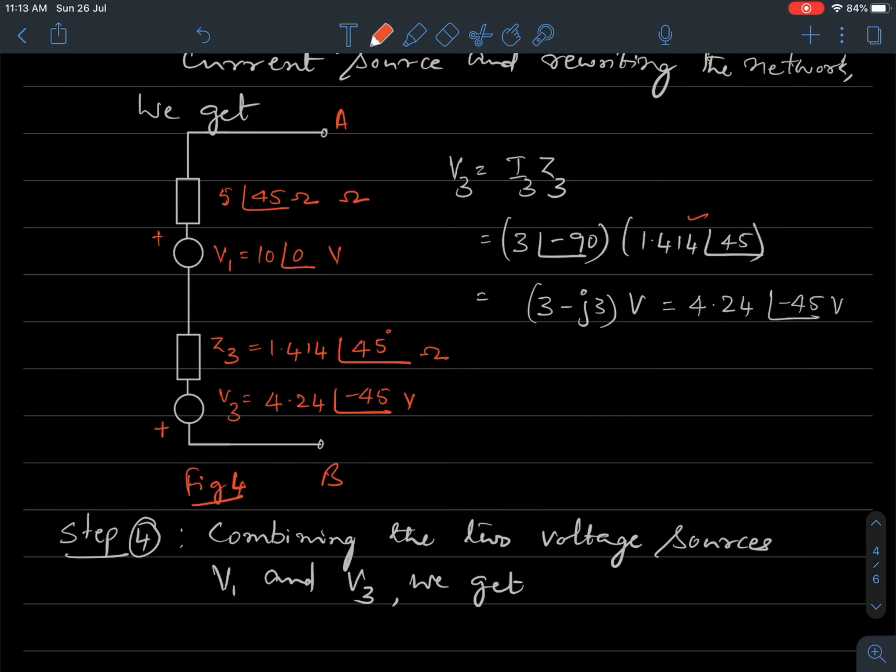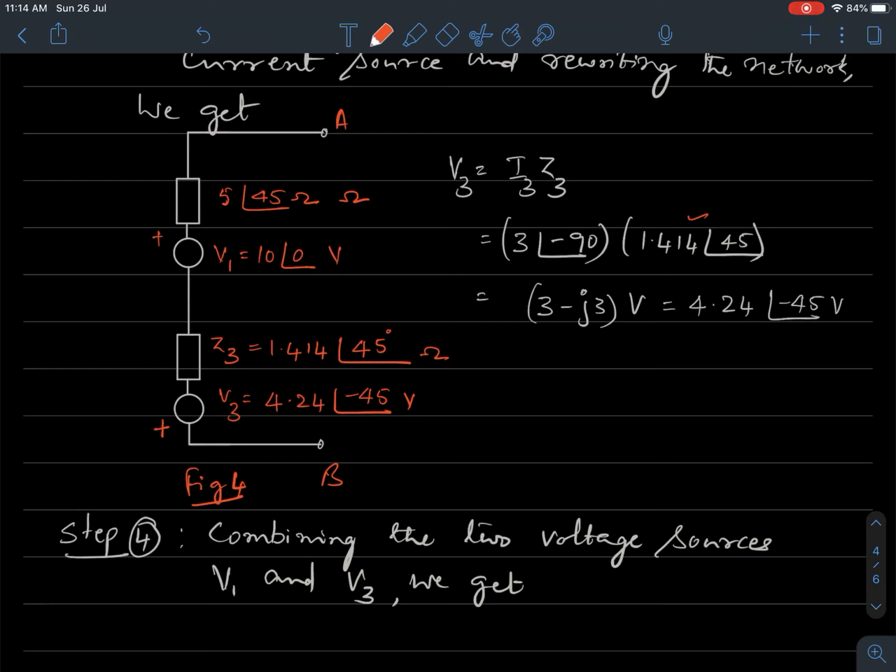So in figure 4, if I start from B and go to A, I will come across positive to negative in V3, which is supposed to be an instantaneous voltage drop. Then I go via Z3 and come up to V1. At V1, I'll hit the negative sign, then go to positive.